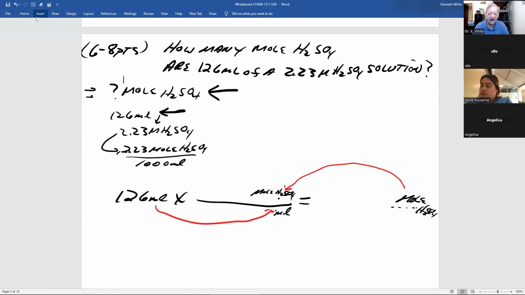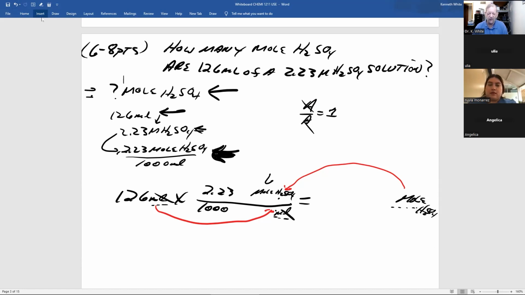All right. How do we get those numbers? From knowing the molarity here really means this right here. And that's 2.23 moles of sulfuric acid per 1,000 milliliters. Notice milliliters divided by milliliters cancel out because anything divided by itself equals the number 1, cancels out.